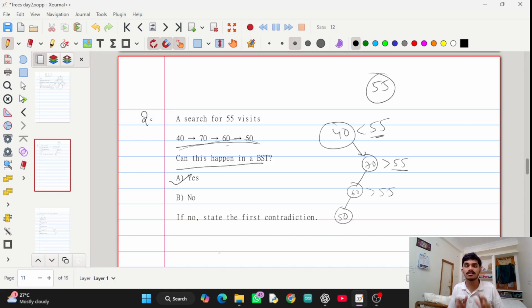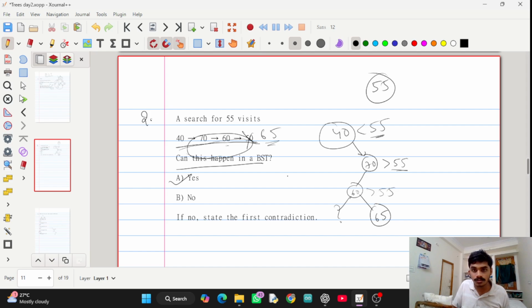So I would like to consider another case. Let's consider that instead of this 50, I wipe it off and write 65. If I have a node 65 like this, then this becomes impossible. Why? Because 60 is greater than 55, and for finding 55 we have to go to the left side of 60, but in the traversal order I don't have any element that satisfies the condition, since it cannot be found on the left side in a BST.